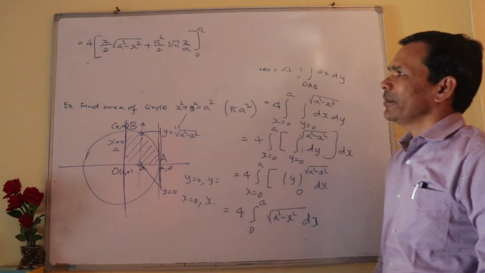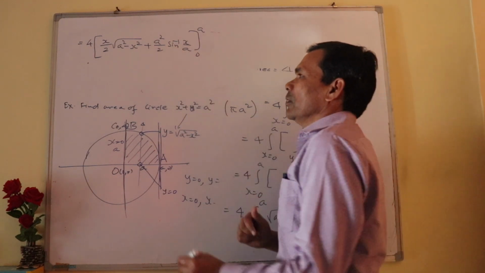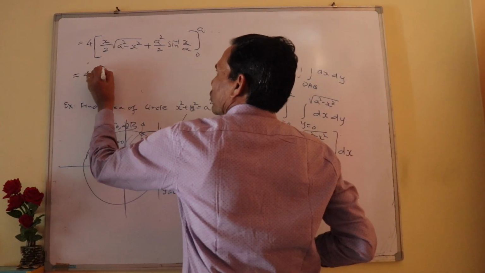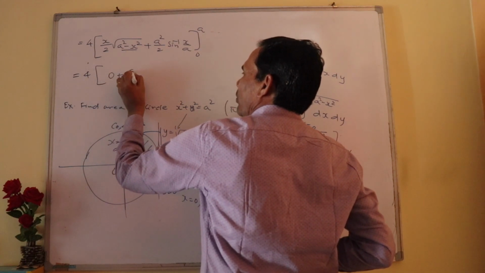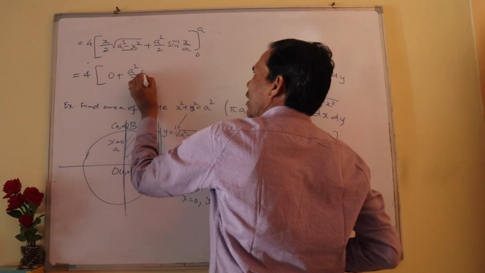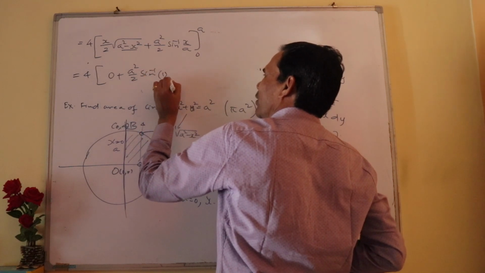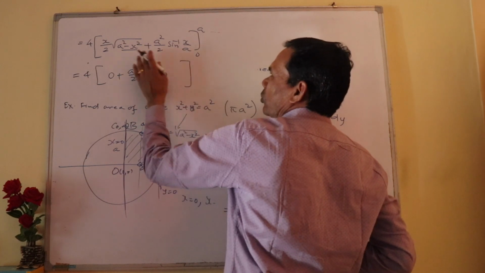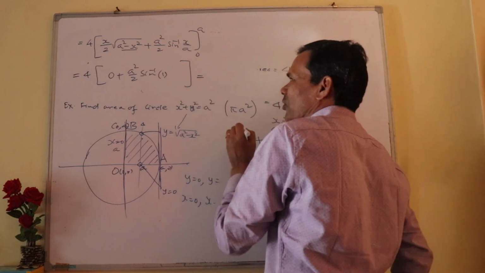If you apply the limits, for the upper limit, this is 0 because a square minus a square is 0, plus a square by 2 sine inverse a by a, which means sine inverse 1. And the lower limit, if you observe, this is 0, sine inverse 0 is also 0, need not be considered.